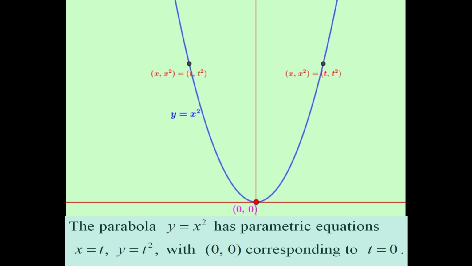The parabola y = x² has parametric equations x = t and y = t² with (0,0) corresponding to t = 0.